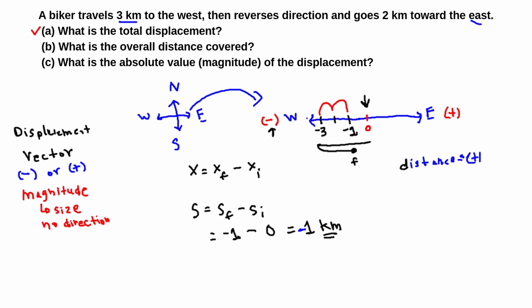If you went 3 kilometers towards the west, it cannot be negative 3, because negative 3 means that you didn't travel those kilometers, which really doesn't make any sense. So distance means that you need to add all the kilometers you traveled.